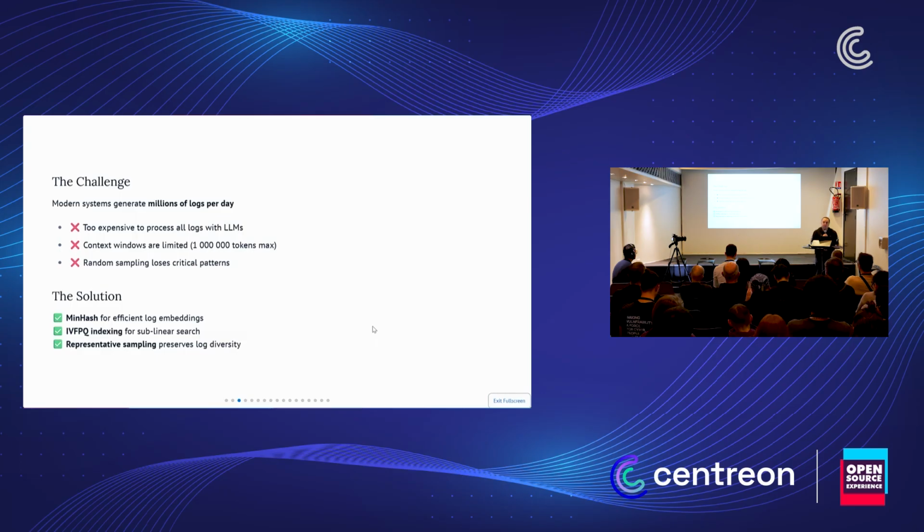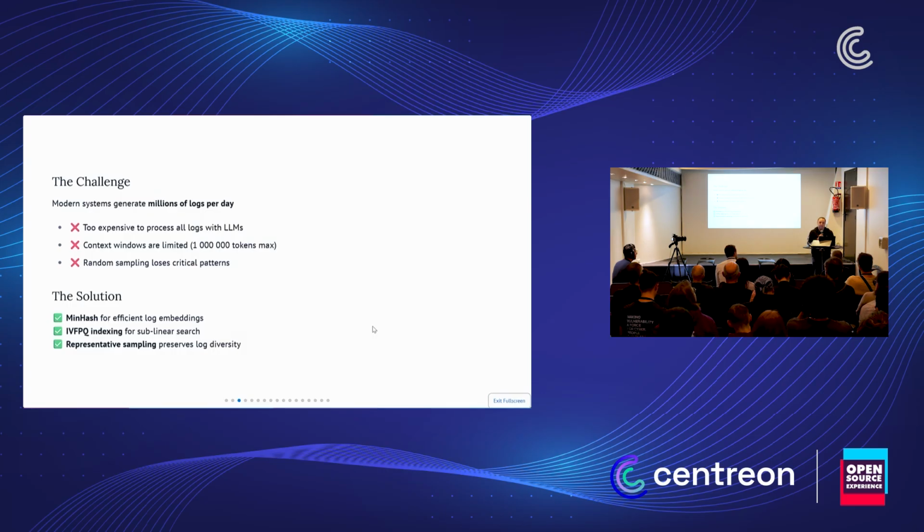So you could say, today we have language models, and we could send all this data to language models. But language models are too expensive to handle all this mass of data. Second problem, all language models today have a context window that is limited, so you need to batch all this information, which increases the time and the cost.